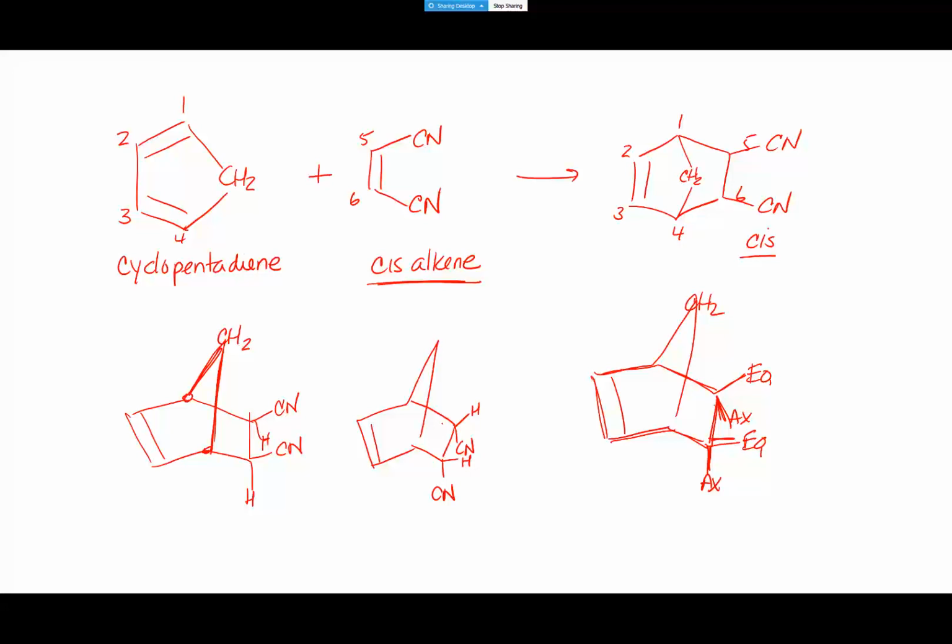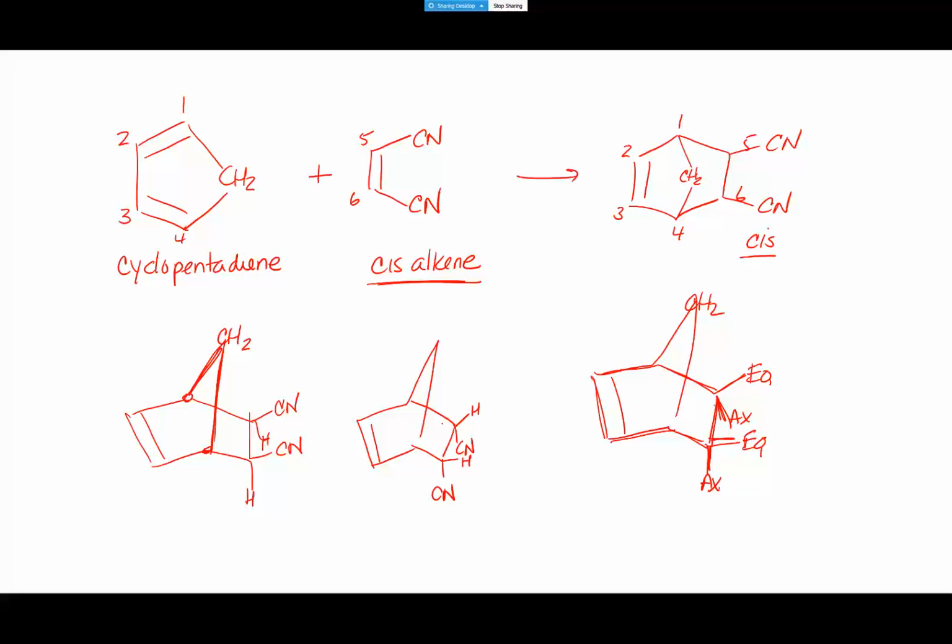That's kind of cool. All right, so here is that molecule. I have a blue dot. The blue dot is the CH2 of the bridge, and then the double bond would be over here.